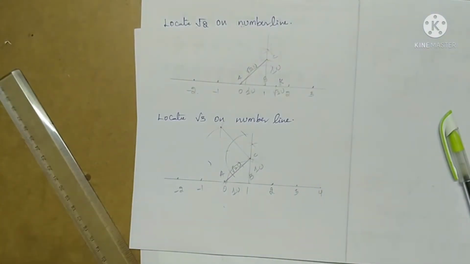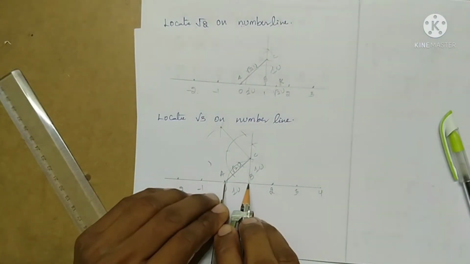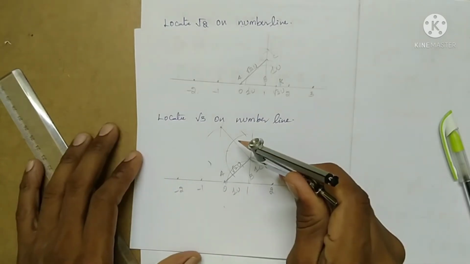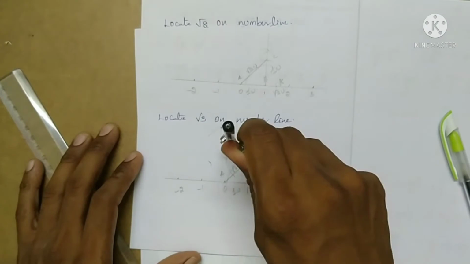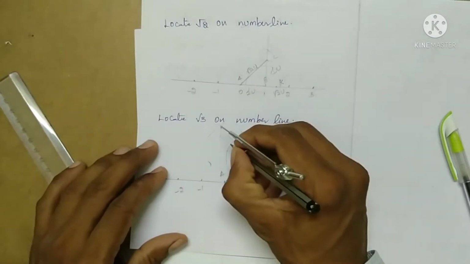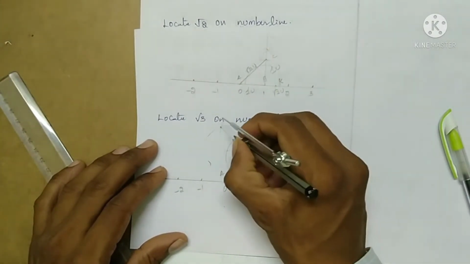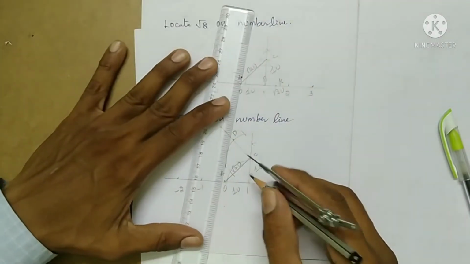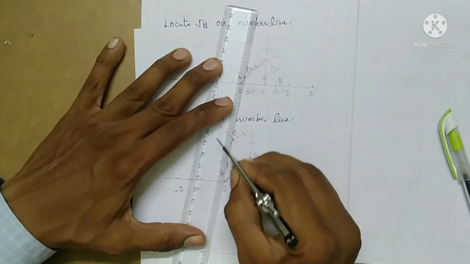Right? So let's take 1 unit length. So this is 1 unit. This point is called D. Join AD.